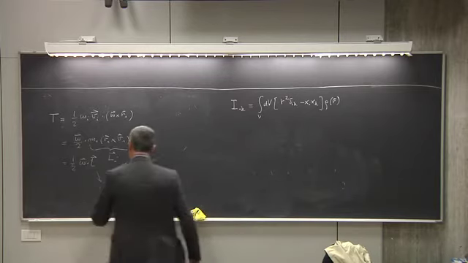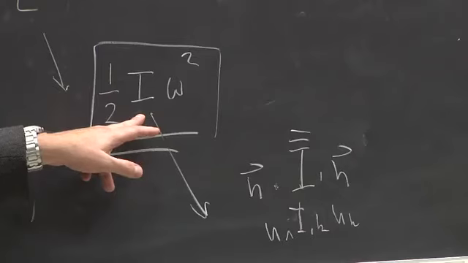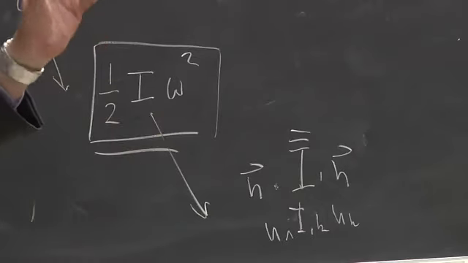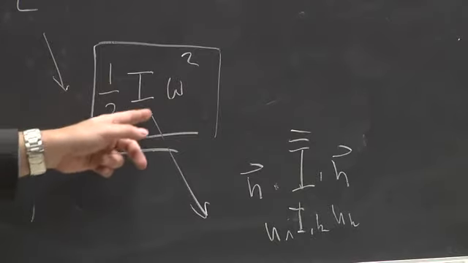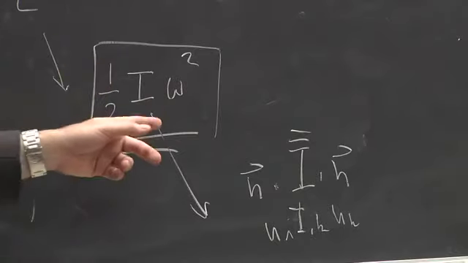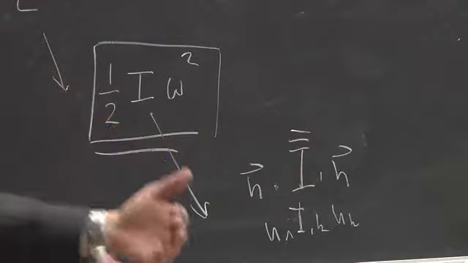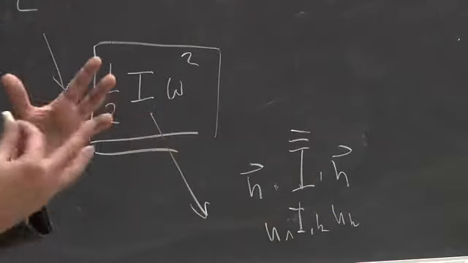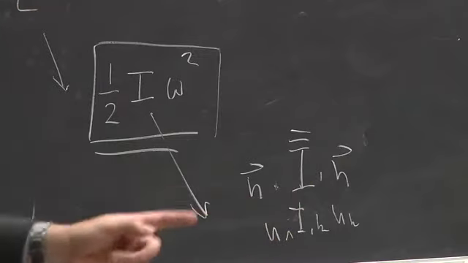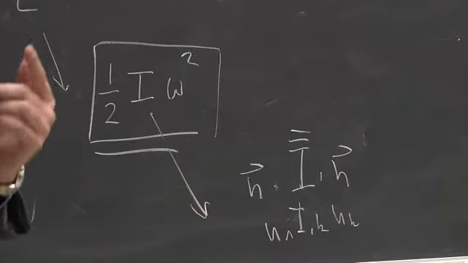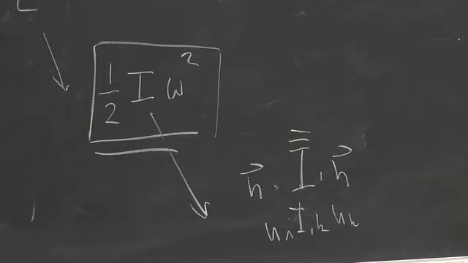Here you can say that the kinetic energy under rotation of your rigid body is 1/2 the tensor of inertia, this quantity I that I saturated and made into a scalar through this construction, times not v squared but omega squared. But they are the same thing in a way.